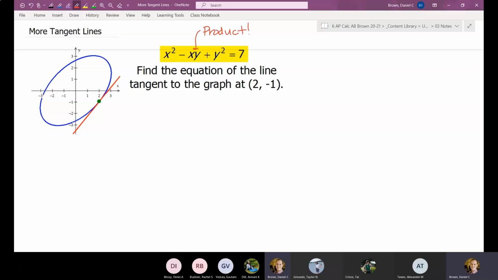The other way to think about it is find the derivative of x times y and then distribute the negative across. You'll get to the same answer. There's two different ways to think about it. This is definitely a very algebra heavy topic.